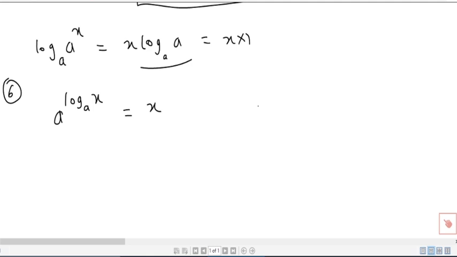If you have a to the power log a of some number n, you will get simply n as the answer. Easy to understand, nothing you have to do, you just have to write that number. For example, 5 to the power log at base 5 of 13, you will get 13 as the answer.